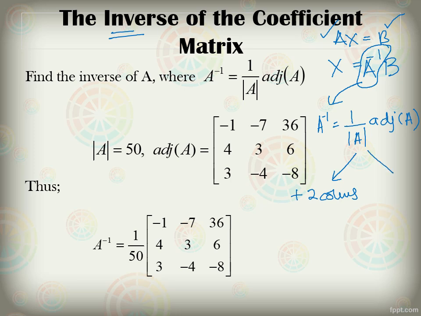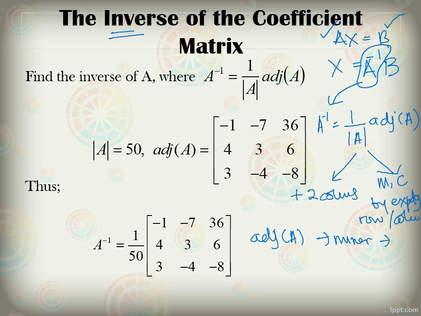And then the second method is by using the minor cofactor method, by expanding a row or column. While for the adjoint, you need to find the minor, then proceed with the cofactor, and then transpose your cofactor. This will give you the adjoint of matrix A.